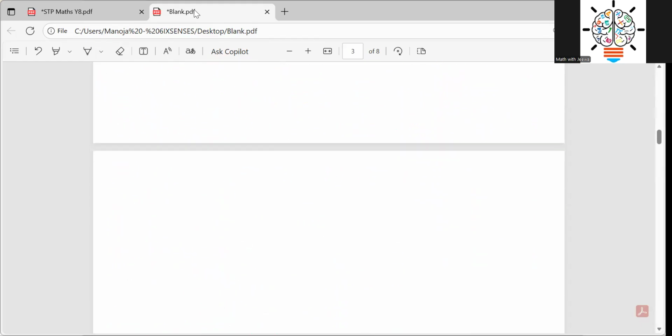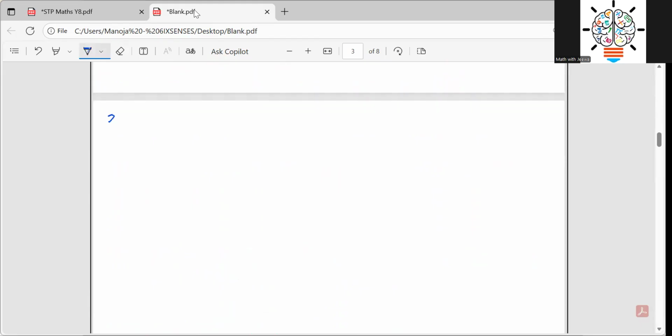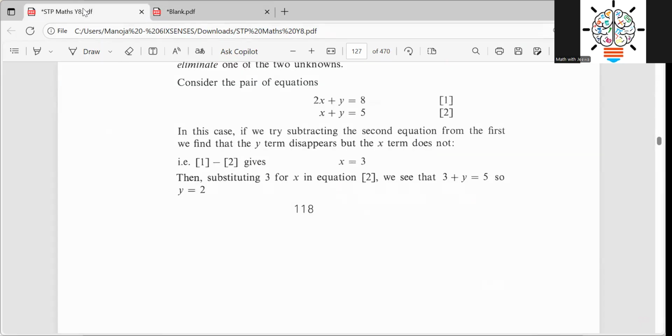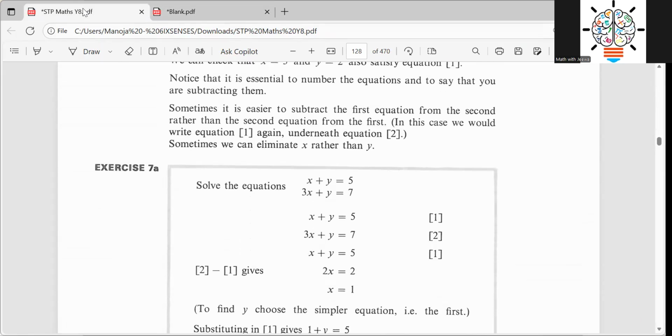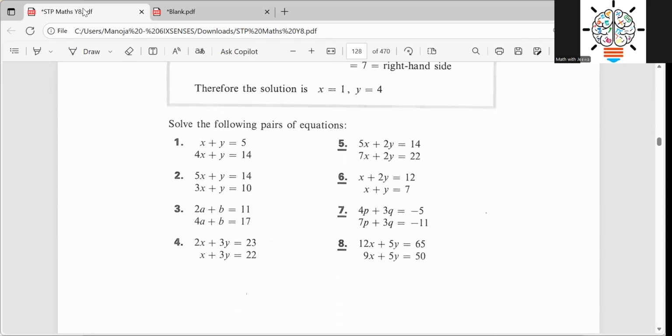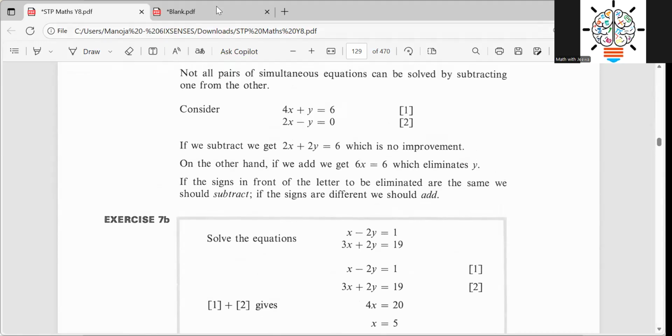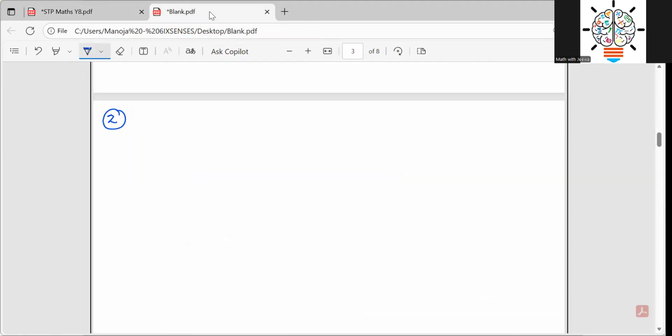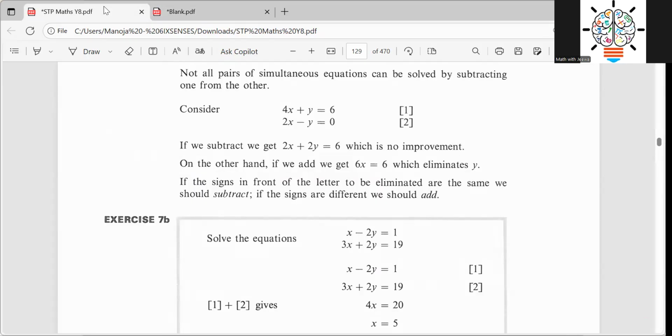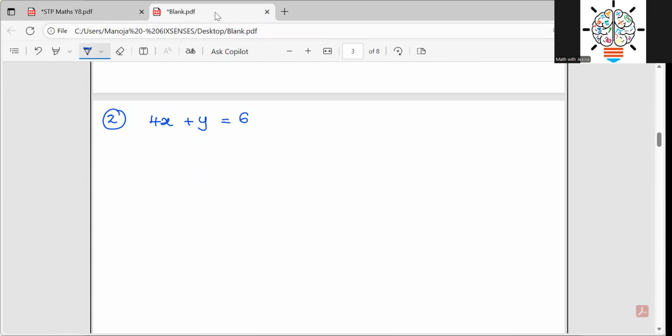Then we will move to the second example. Second example: 4x plus y equal to 6, 2x minus y equal to 0.